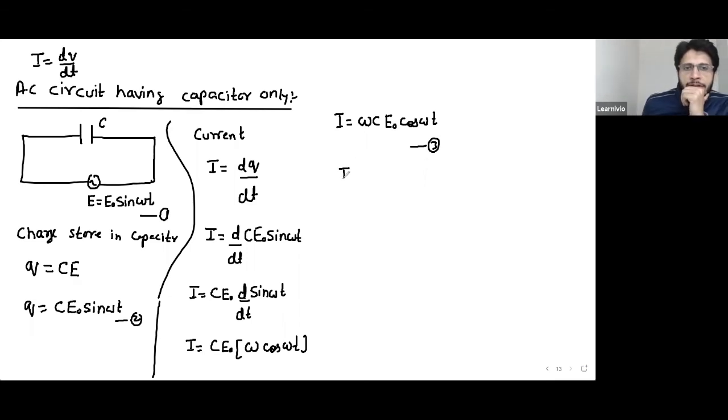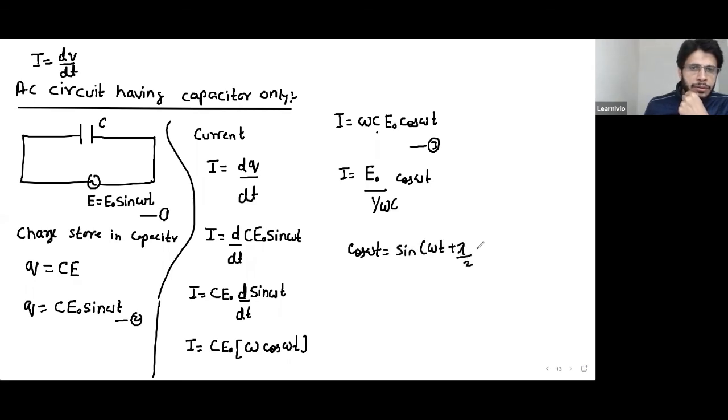Next, I am writing this omega C as 1 by omega C in the denominator. This will not affect your equation. You can take this omega C in the numerator and we'll get back the same equation number 3. So there's E naught by 1 by omega C cos omega t. Next, you can write cos omega t as sine omega t plus pi by 2.